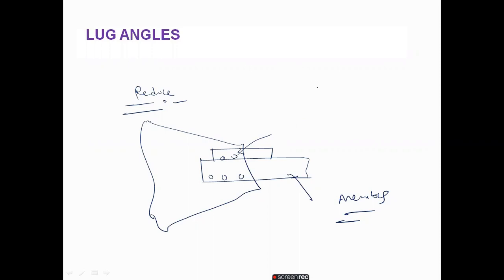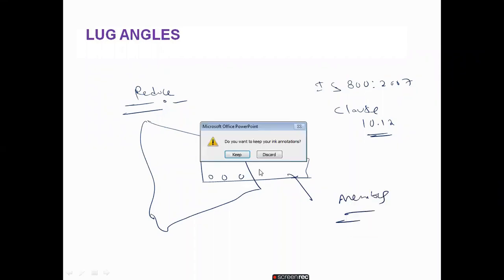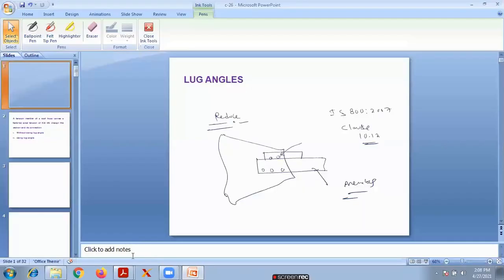As per the IS 800:2007 code book, the clause number is 10.12, where the codal provisions are available. Please wait for one second.